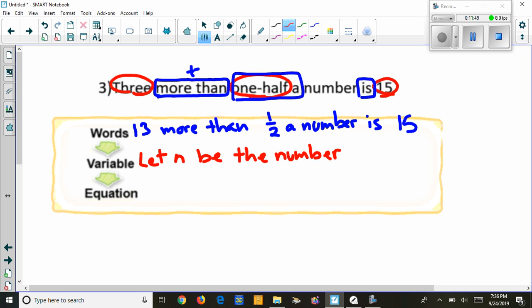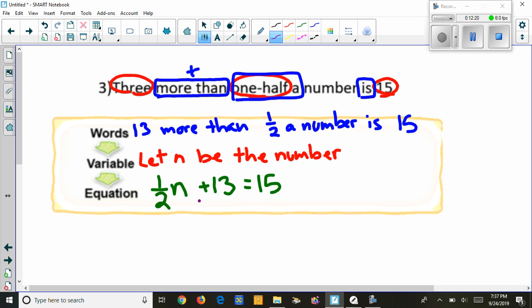We're going to start with the 13 more than. Remember, when it says 13 more than, that means I'm adding 13 to something. We're adding that to 1/2 a number. That means 1/2 times the number n is my equal sign, 15.